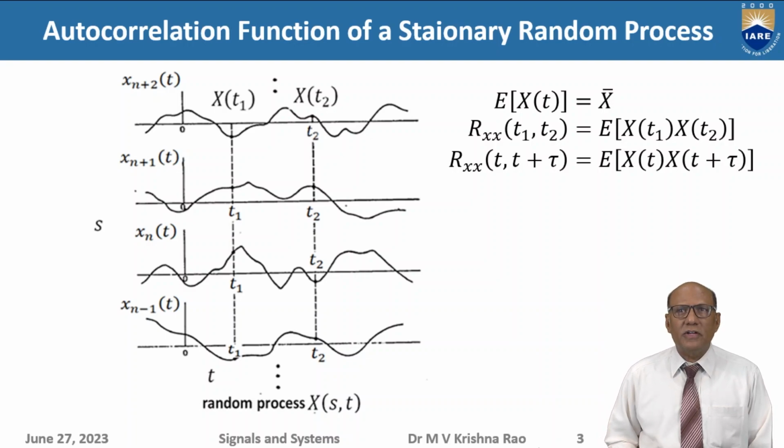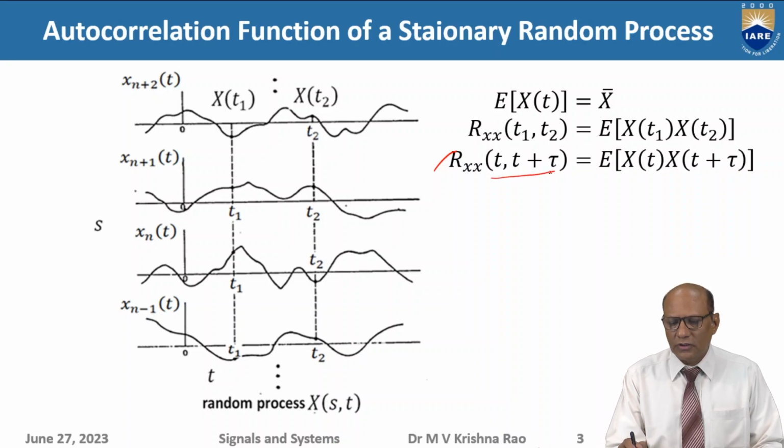Let us start with the autocorrelation function. You know the definition of the autocorrelation function here is RXX of t comma t plus tau. So this total thing can be replaced with only tau because t is insignificant here.